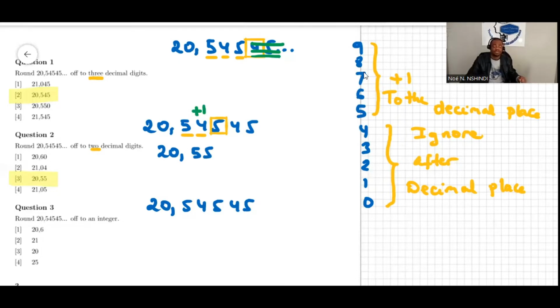To do that, we look at the first decimal digit after the comma, which is 5. 5 falls in this category, where we add 1 to the digit before it. So the answer is 21, alternative 2. I hope it is clear. If you have questions, you can ask in the comments and I can help you.